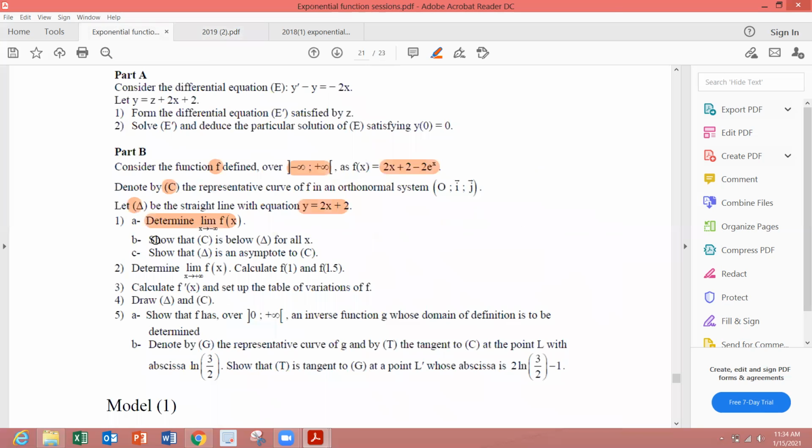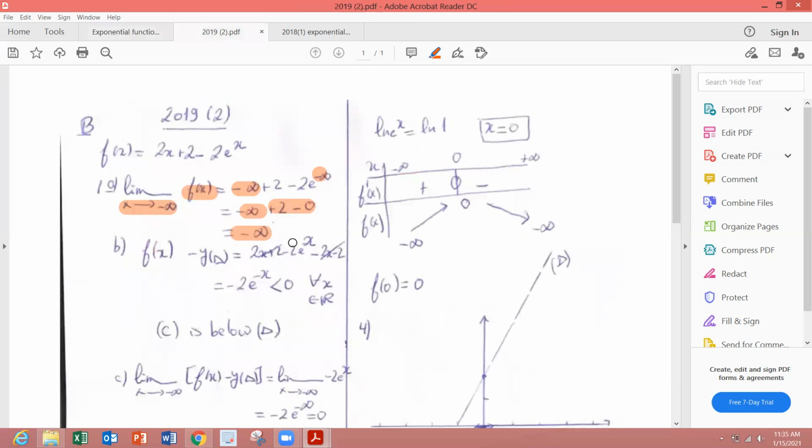Part B, show that C is below delta. How to prove that C is below delta for all x? The curve is below the line when f(x) minus y delta is negative. f(x) minus y delta is 2x plus 2 minus 2e to the x, minus x minus 2. 2x minus 2x, 0. 2 minus 2 is 0, remains minus 2e to the x.